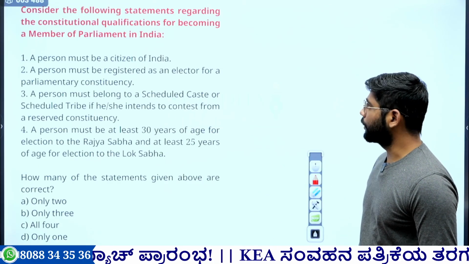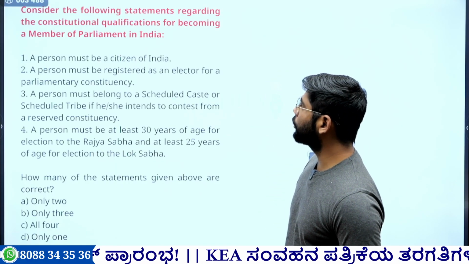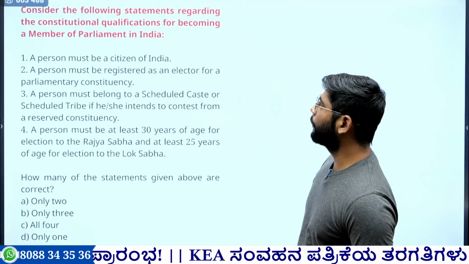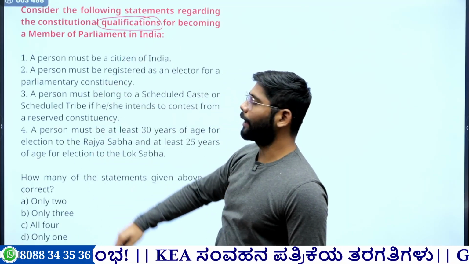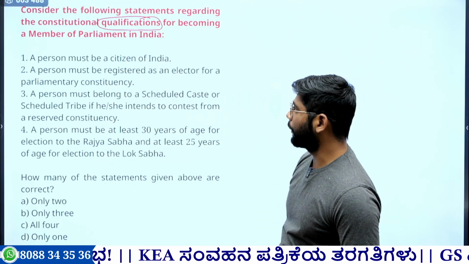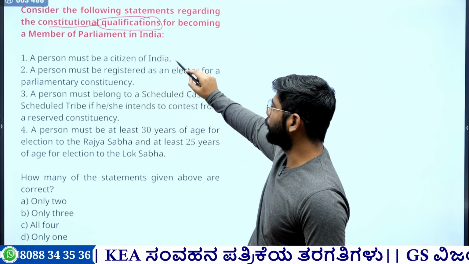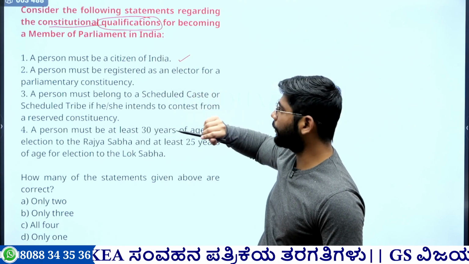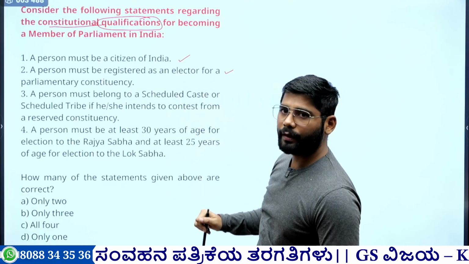Next question. It says, consider the following statements regarding constitutional qualifications for becoming a member of Parliament. What are the constitutional qualifications that we need to become a member of Parliament? It is asking what is according to the Constitution. First, the person must be a citizen of India. Second, the person must be registered as an elector for a parliamentary constituency.